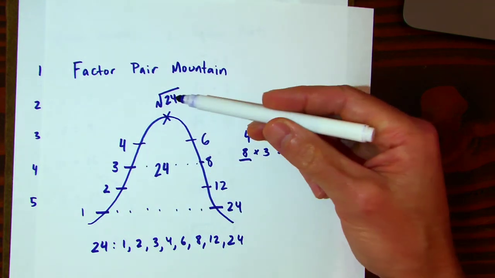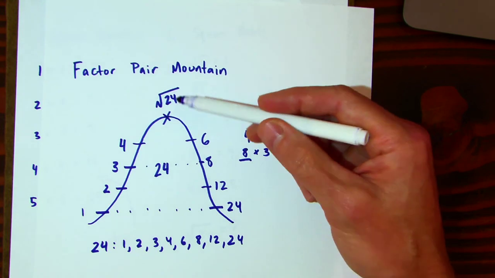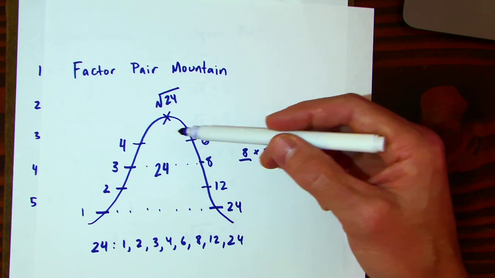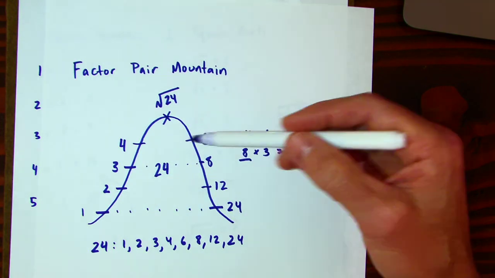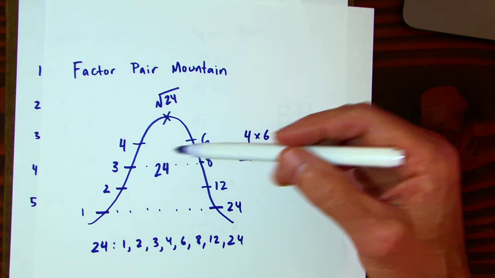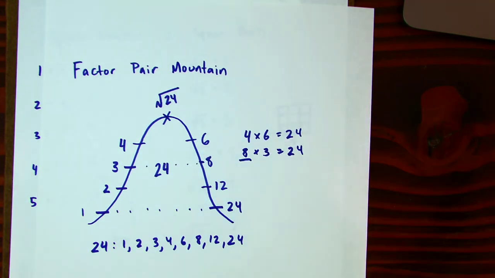So here I can stop before I get to 5. All the whole numbers before 5, I need to check. And all the numbers after 5, I match up with whatever 4 times what is 24, 3 times what is 24. So knowing our square roots helps us really cut down on the searching of factors.